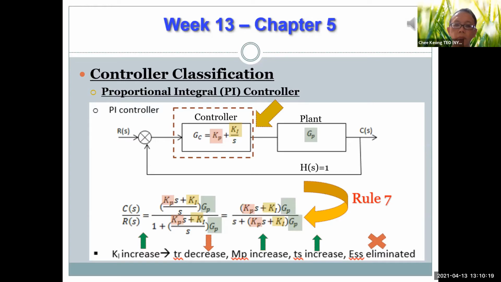Notice for a PI controller, as Ki increases, the rise time decreases, whereas the maximum peak and settling time increase. Notice also that the steady state error can be totally eliminated.